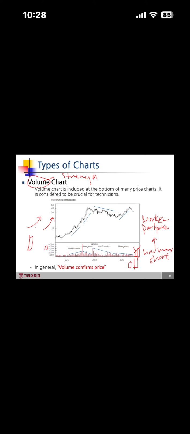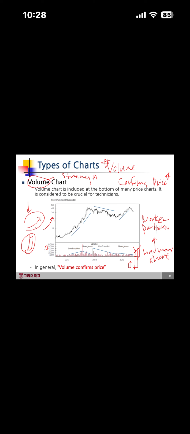For this reason, technical analysts often say volume confirms price. So if there is a price increase followed by a high trading volume, you can reliably believe there is a strong upward movement.